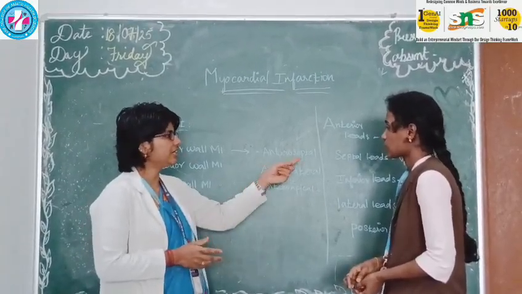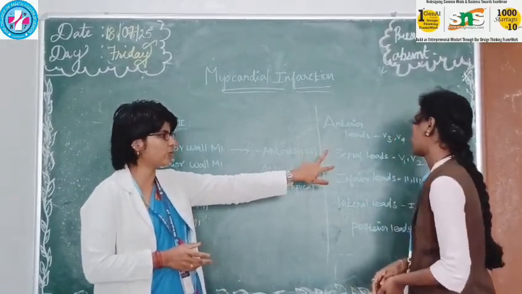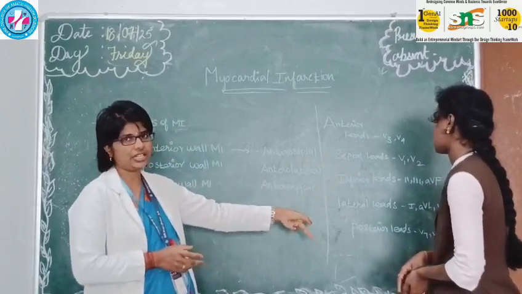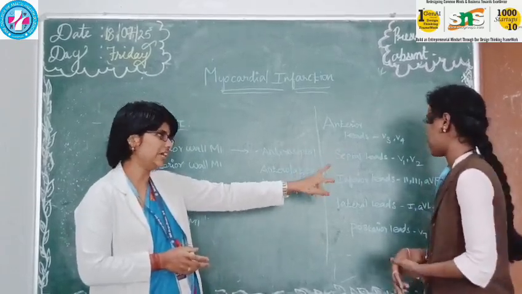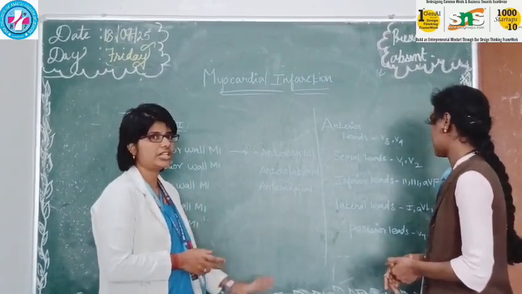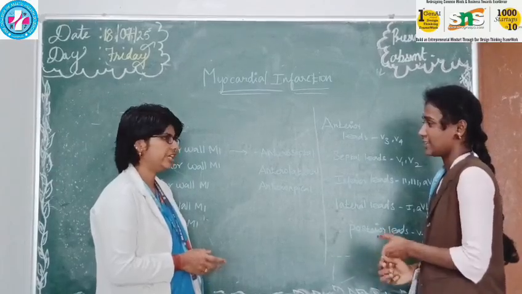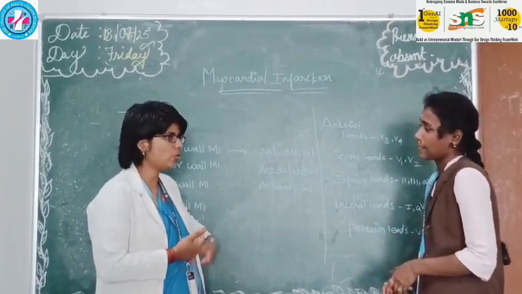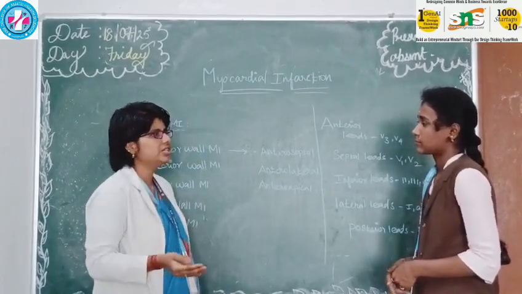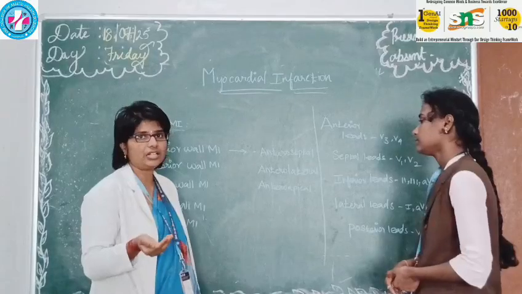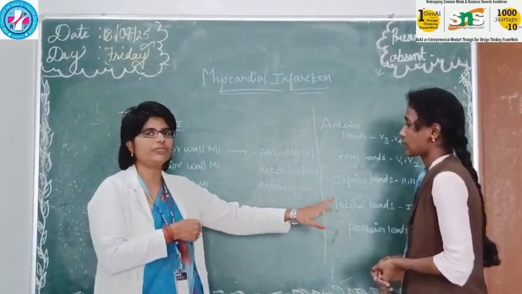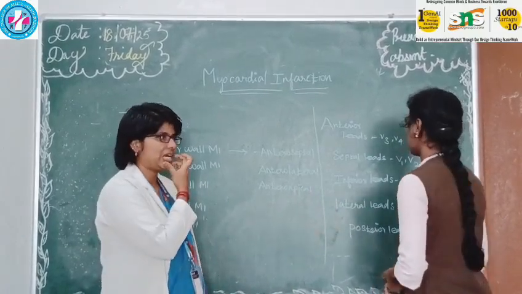See, anterior leads are V3 and V4 once again, septal leads are V1 and V2, inferior leads are 2, 3, AVF, and posterior leads are V7 to V9. But nowadays posterior leads are not placed in the ECG; we end the leads with V6. If posterior aspects or pericardial effusion need to be assessed, V7, V8, V9 can be recommended.